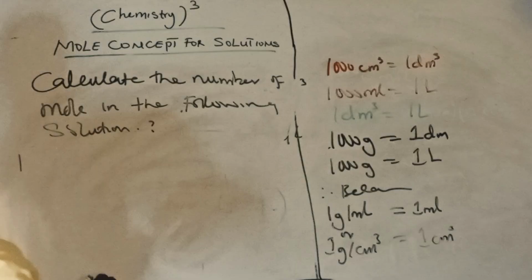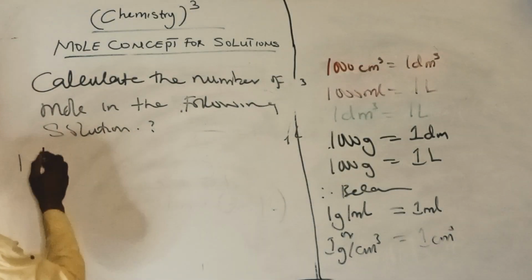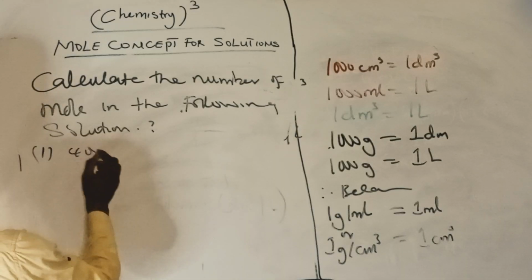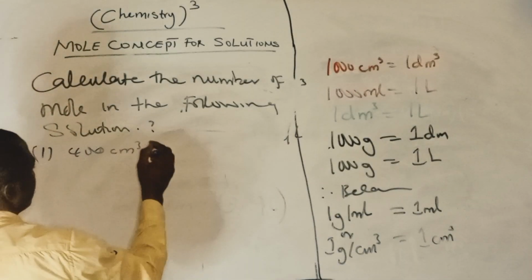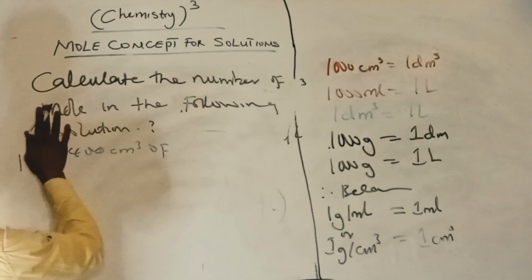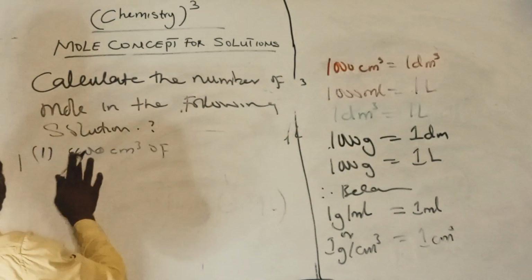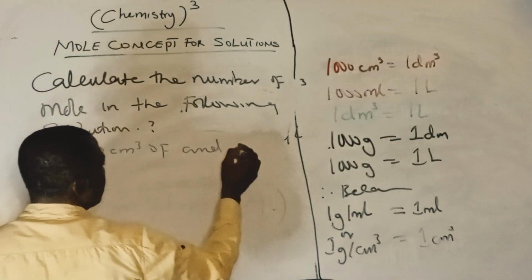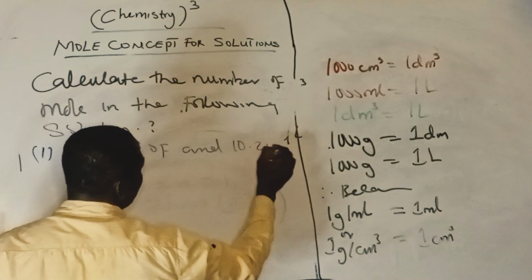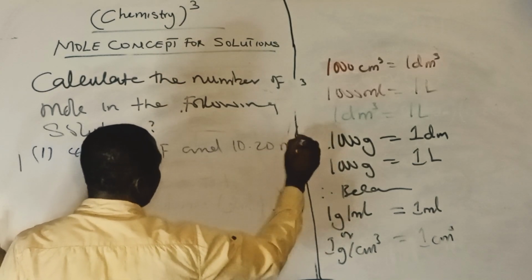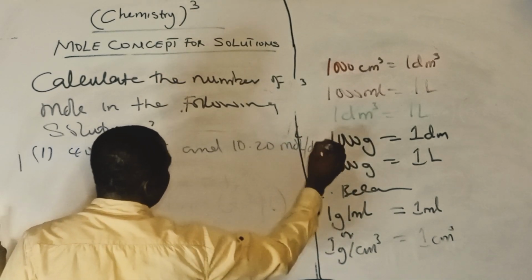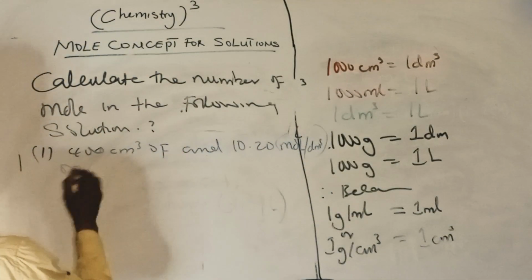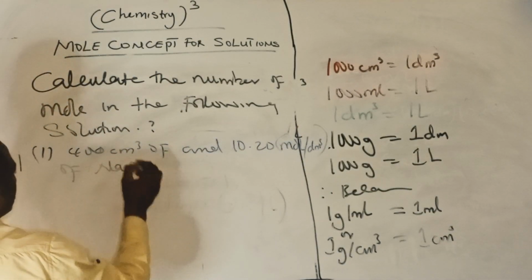Solution number 1 has 400 cm³ and 10.20 mole per dm³ of sodium hydroxide.